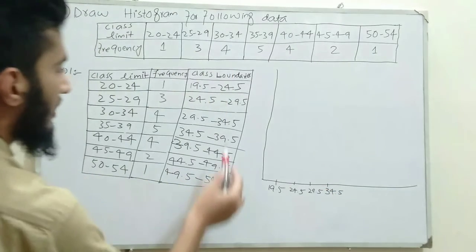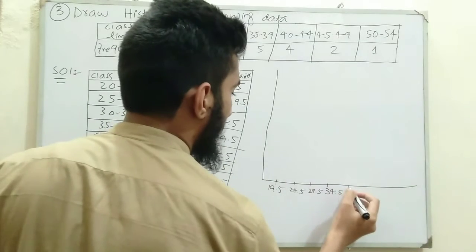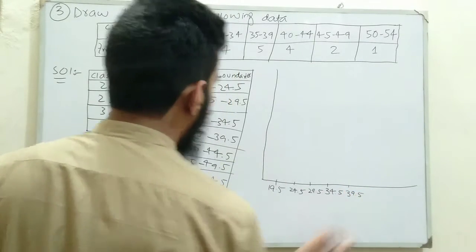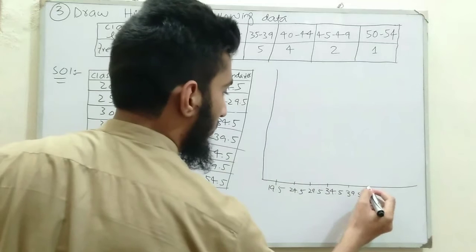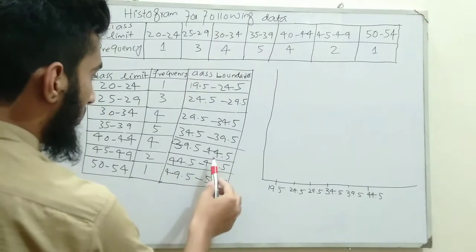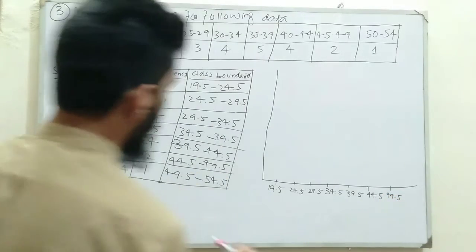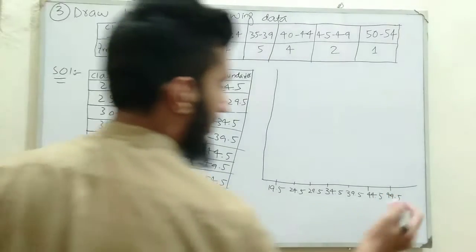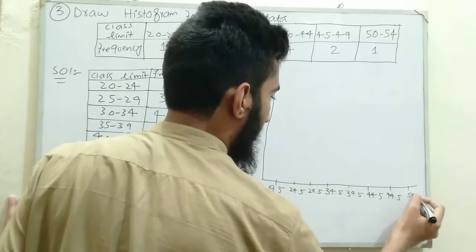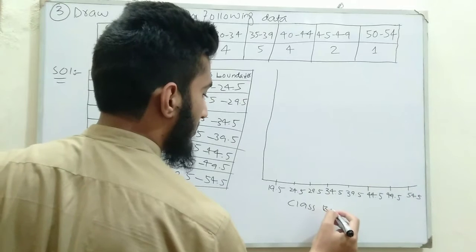After this we have 39.5, then 44.5, 49.5, and the last one is 54.5. Let's suppose these are the class boundaries on the x-axis.